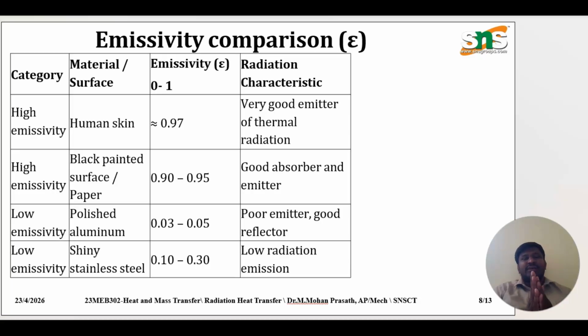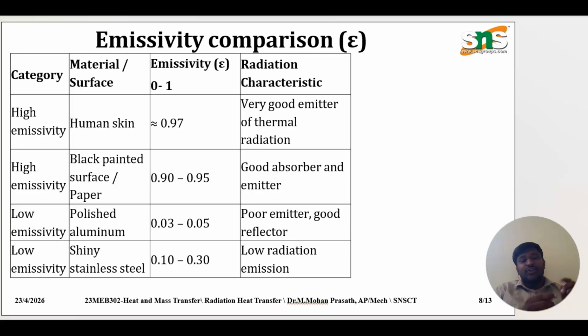The emissivity depends on the surface. For example, if a body absorbs radiation, it possesses high emissivity. If a body reflects the radiation, it possesses low emissivity.